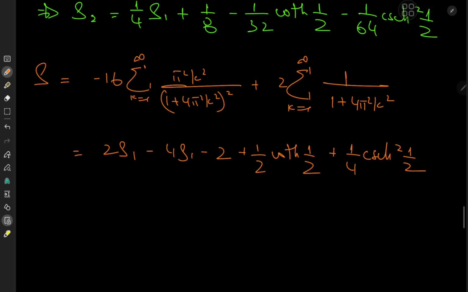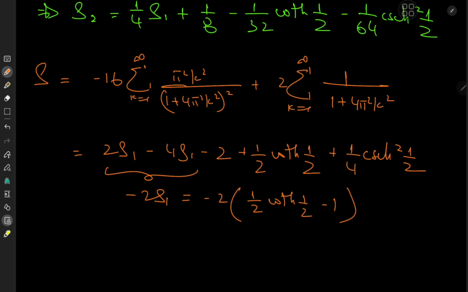Okay, so that means we're interested in negative 2 S sub 1, which equals negative 2 times 1/2 of hyperbolic cotangent of 1/2 times minus 1. No, wait, there was a factor of 1/2 outside. Was there? Oh yeah, there was. So there is cancellation taking place, and I like that. I like that indeed.